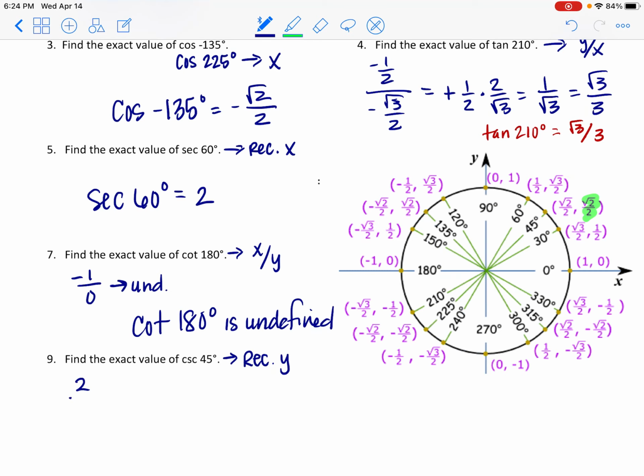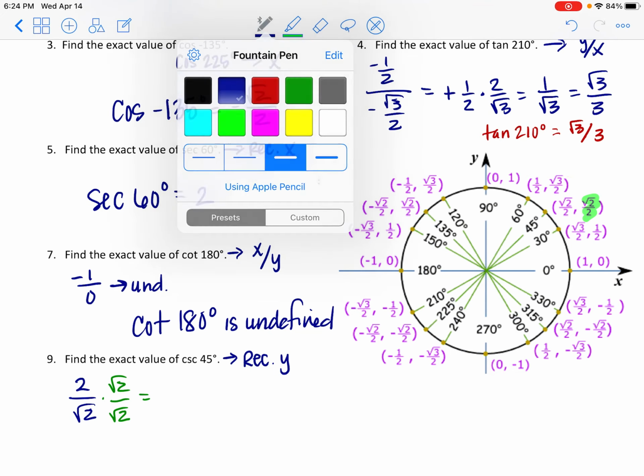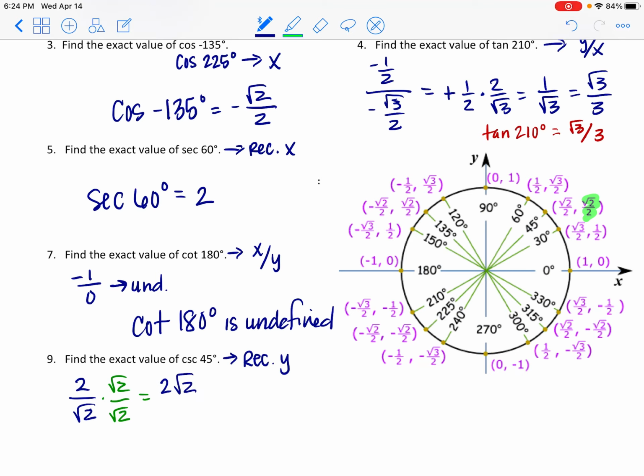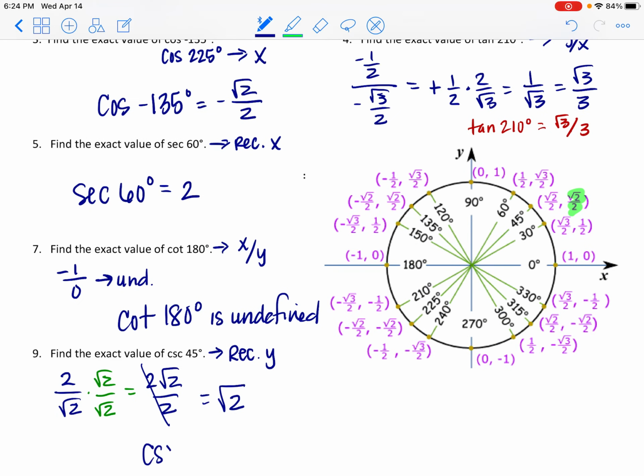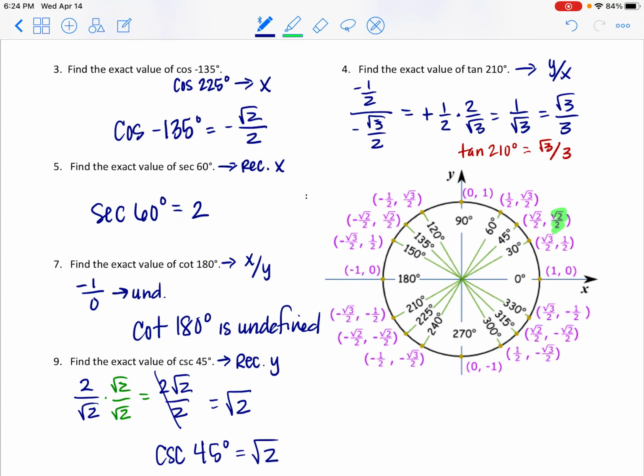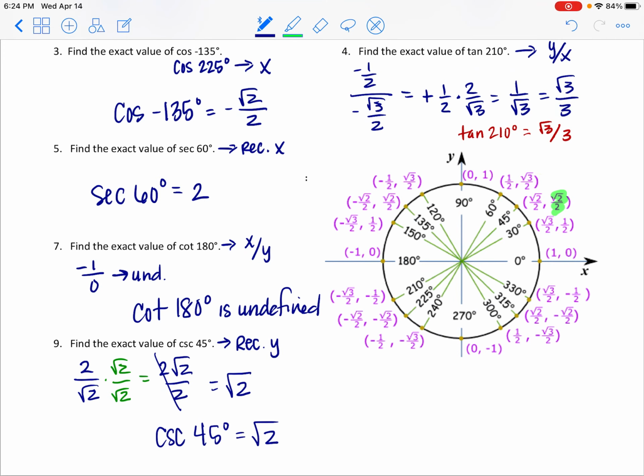The reciprocal would be 2 over radical 2, and if we rationalize that, that's going to make this 2 radical 2 over 2, and then those 2's will cancel, so it's just radical 2. I skipped the work on the other one because we had already done it. So the cosecant of 45 degrees is exactly radical 2. Now I didn't change any colors, so I'm going to have to go back and box some of these things in.